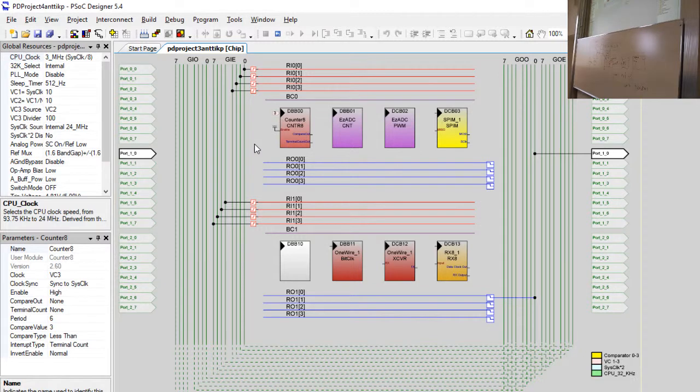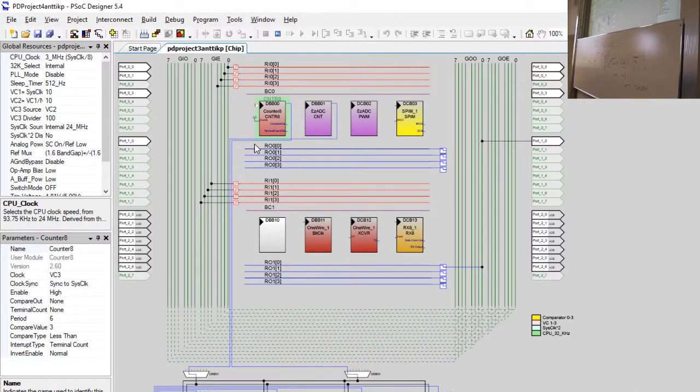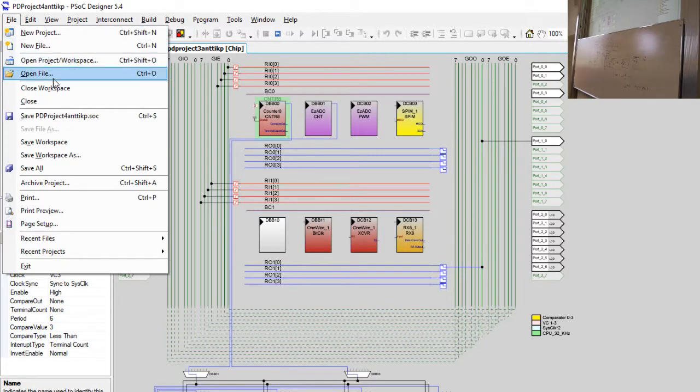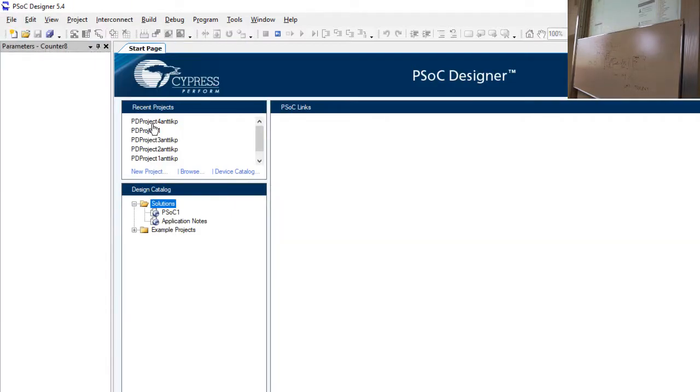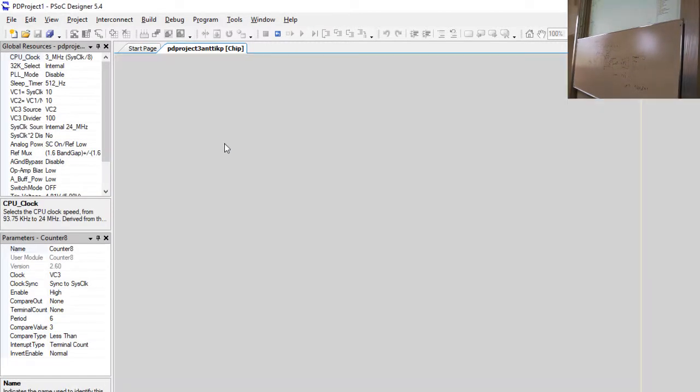Yeah, this project. No, the other one, sorry. I think it's this one, the last one, where I had the UART.